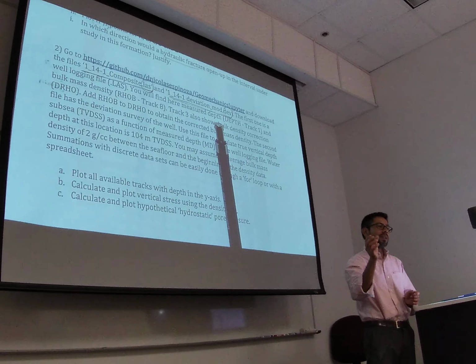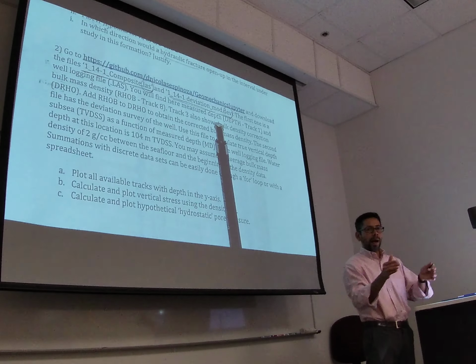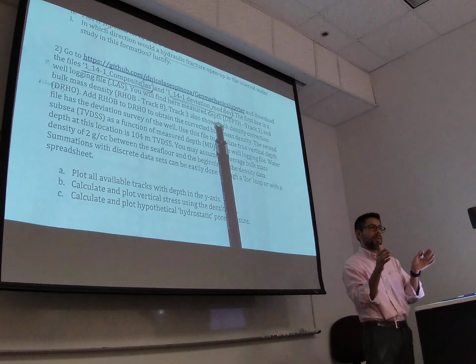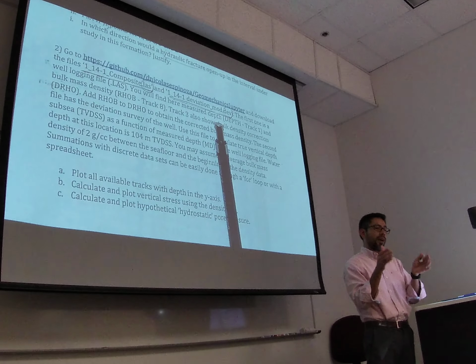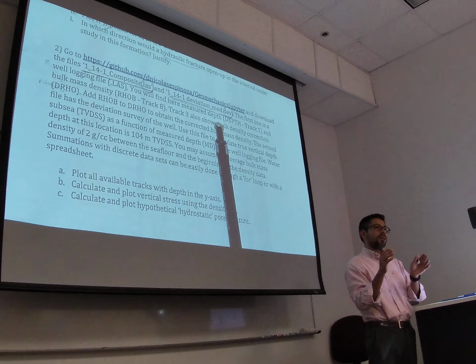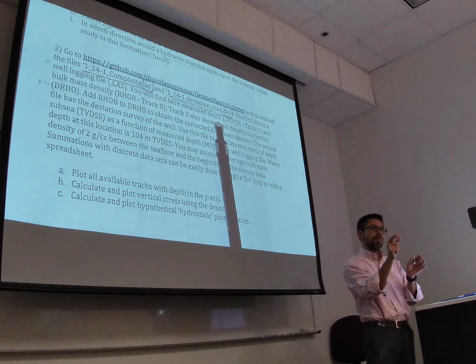But if you're struggling with that, I suggest that you do the following. Assume measured depth is true vertical depth, and do all your computations with that. And when you get it right, after you're sure you get it right, then try to correct for the true vertical depth.